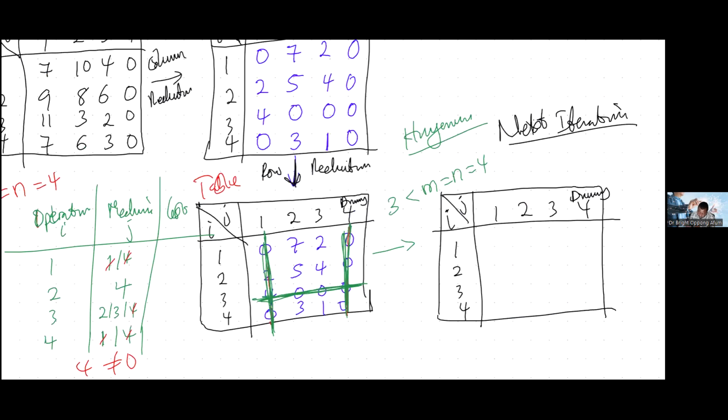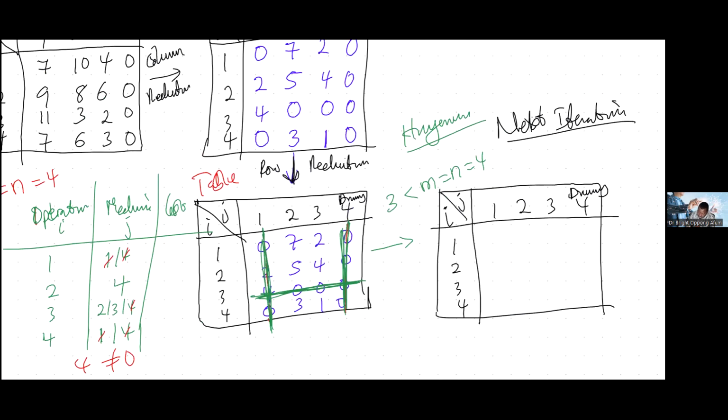So let me count, 1 from all the uncrossed values. Okay, so 0 is already crossed. 1 from 7 is 6. 1 from 2 is 1. 0 is already crossed. 2 is already crossed. 1 from 5 is 4. 1 from 4 is 3. 0 is already crossed. 1 from 4, because the crossings are meeting here, so we add.